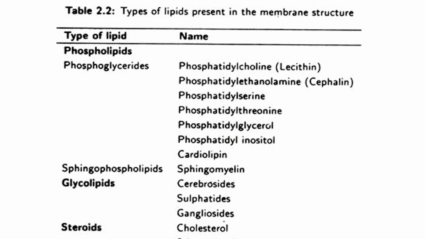Glycolipids means when the lipids conjugate with carbohydrates, and these glycolipids can be cerebrosides, sulfatides, and gangliosides. And besides these conjugated lipids, we have a steroid molecule in the form of cholesterol as a part of the plasma membrane.